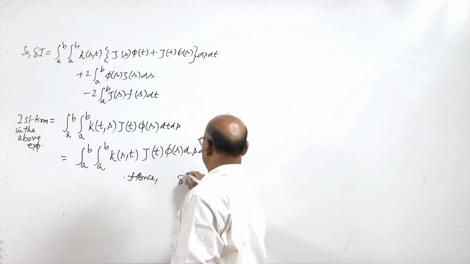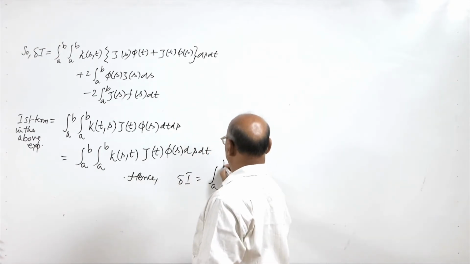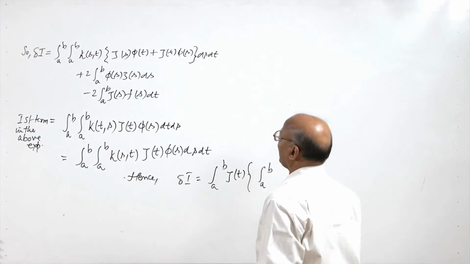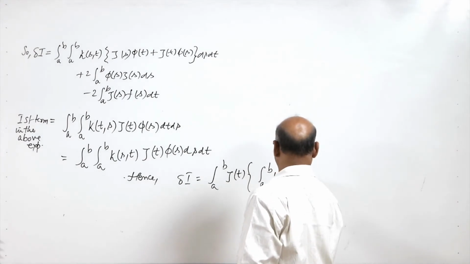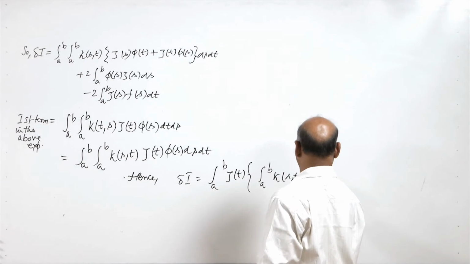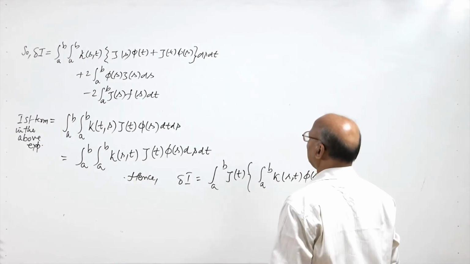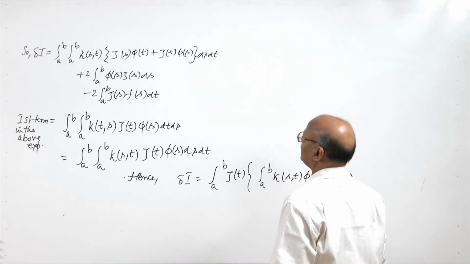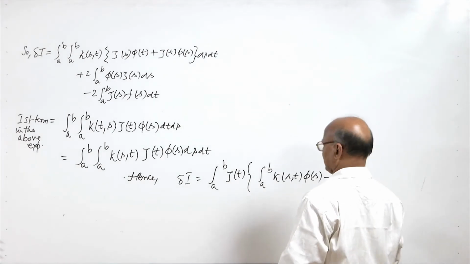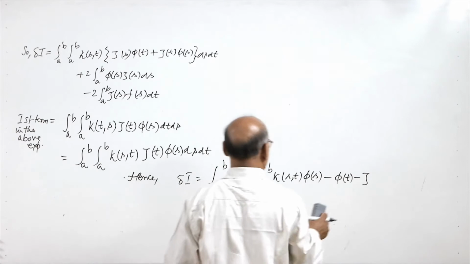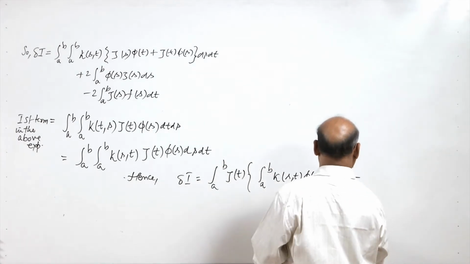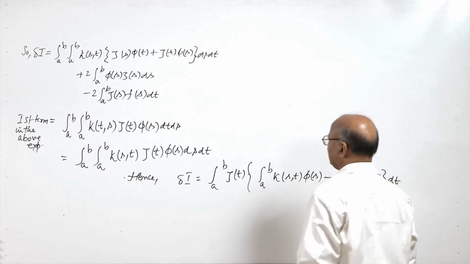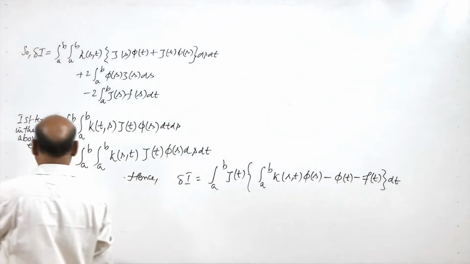delta I is equal to integral over a to b zeta(t) times integral over a to b k(s,t) into phi(s) minus phi(t) minus f(t) dt, and for the extremum delta I is equal to 0.